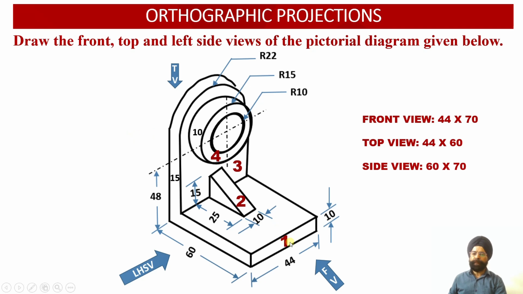So the true shape of this rectangle, labeled as surface 1, will be obtained on the vertical plane. Then we have this inclined surface 2, which is an inclined rectangular surface. Since surface 2 is inclined to the vertical plane, we are not going to observe its true shape on the vertical plane in the front view.